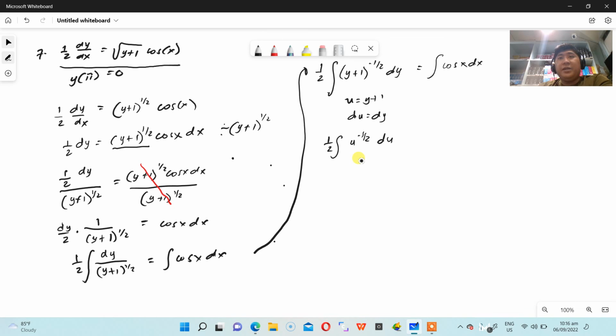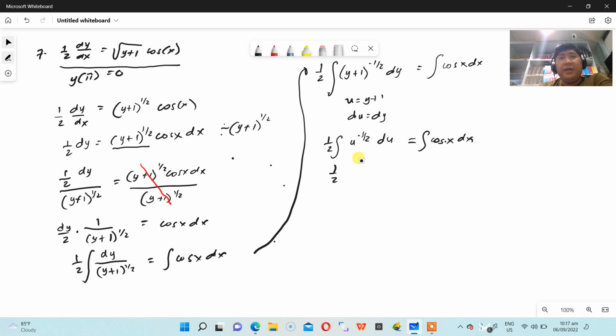You can have that one equals integral of cosine x dx. So from there, you can now integrate this easily.